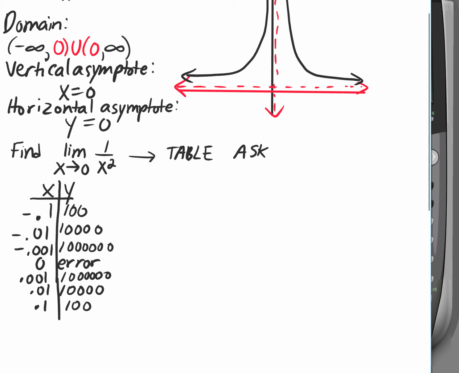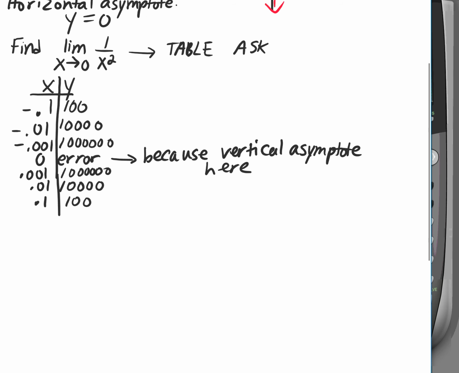So that's important when we talk about the limit. Remember, this error message is because we have a vertical asymptote. So technically, the limit does not exist because if we're looking for an actual number answer, this just keeps on going and going on either side towards infinity.